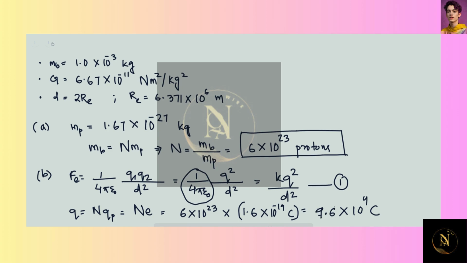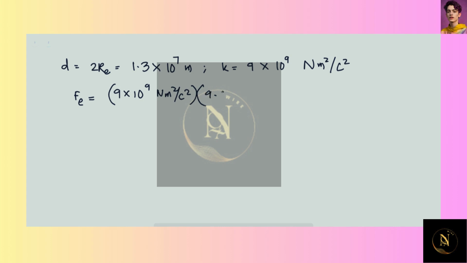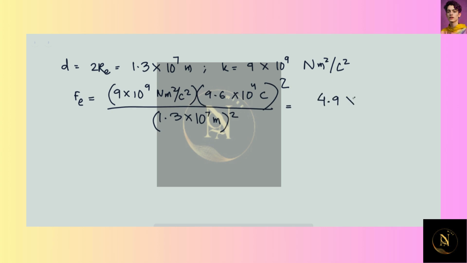Yeah. So here we have 9.6 times 10 to the power 4 coulomb, and square of that over d square, that is 1.3 times 10 to the power 7 meter square. And solving this, we get the electric force to be 4.9 times 10 to the power 5 newtons. So that's the electric force.